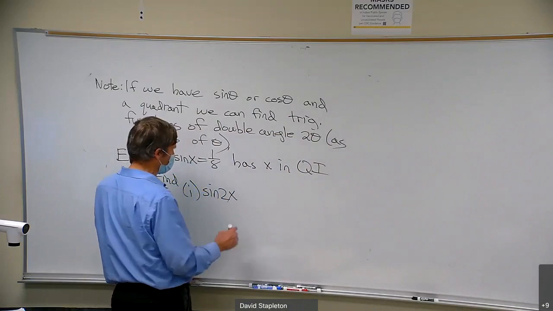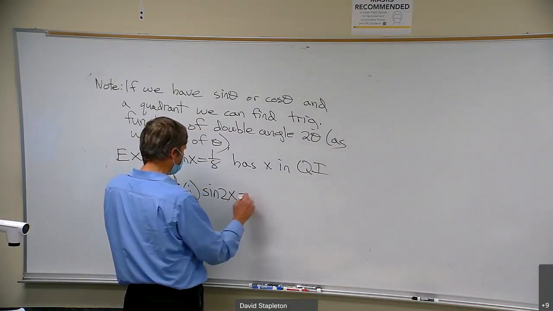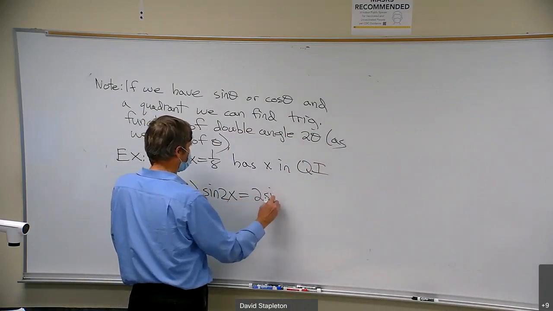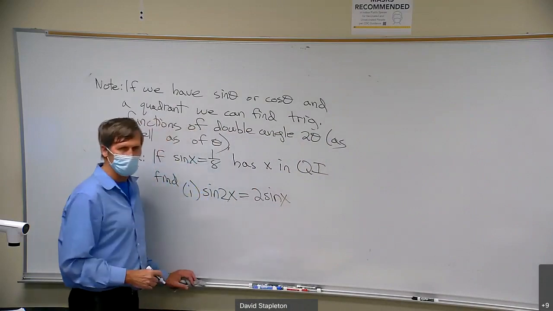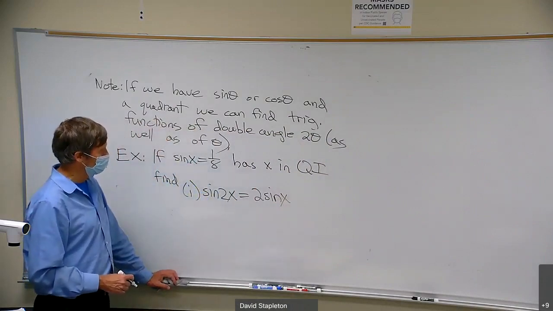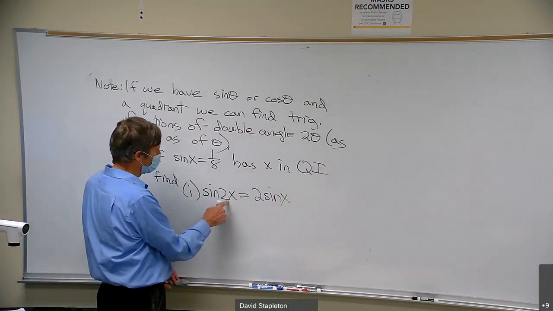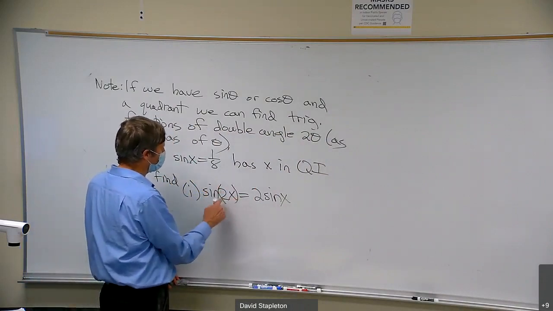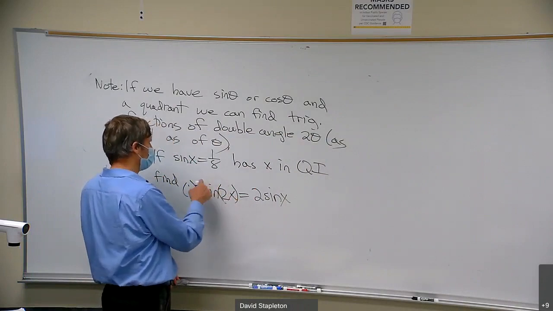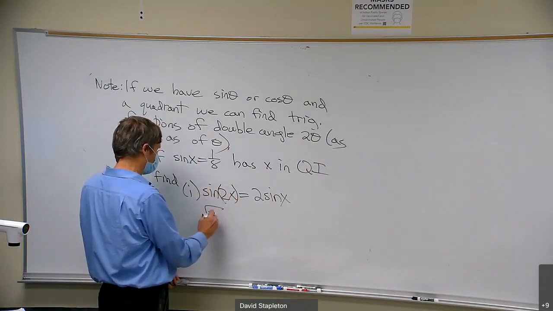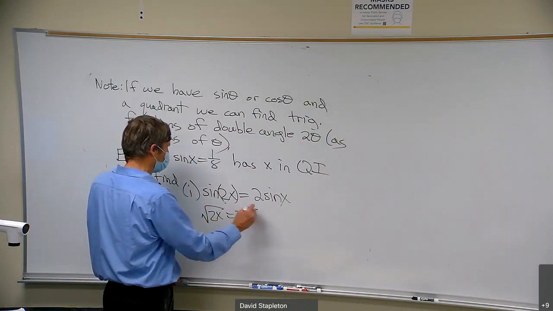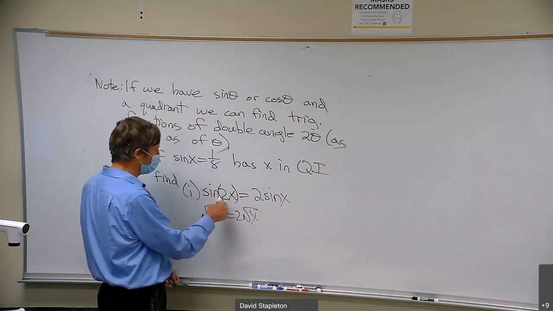I want to point out a common mistake. I've seen a lot of students do this at this point. Sine of 2x is 2 sine x. What's wrong with that? It's not an identity. You can't do it. This notation is just brevity for meaning the sine function of 2x. You can't just pull the 2 out. It's like taking the square root of 2x and just pulling the 2 out, right? It's not true. There are implied parentheses here.